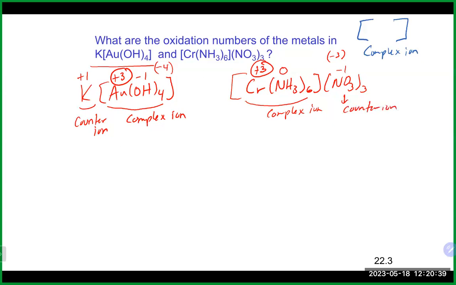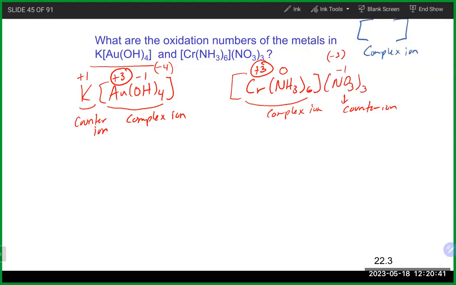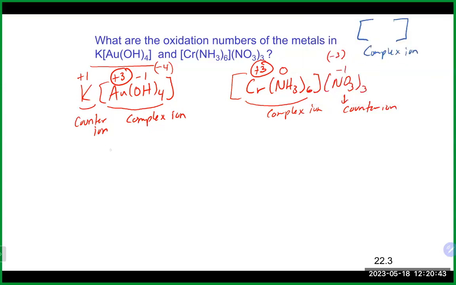So if I took just the complex ion part by itself, what type of charge would the complex ion part have overall? Yeah, so that's +3, that's -4, which gives us a -1, which means overall, my complex ion is a -1 charge.